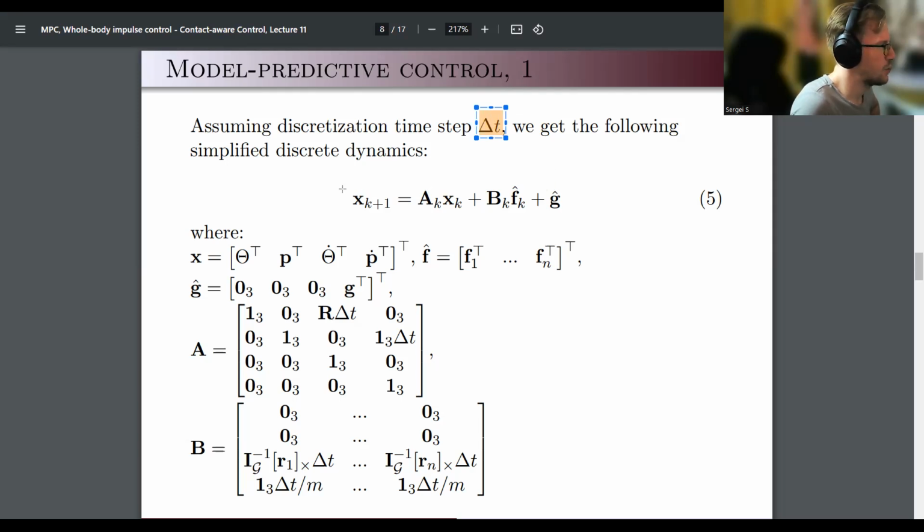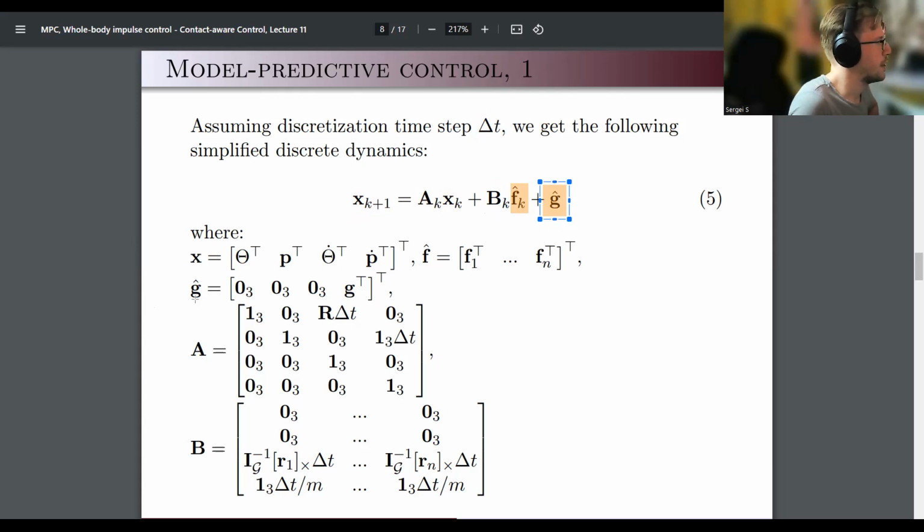And the dynamics looks like this: x sub k plus 1 is equal to A_k x_k plus B_k f_k plus g. Those hats indicate that these vectors have specific dimensions. Those vectors are reused very often, so it's just to indicate that the dimensions here are MPC dimensions.